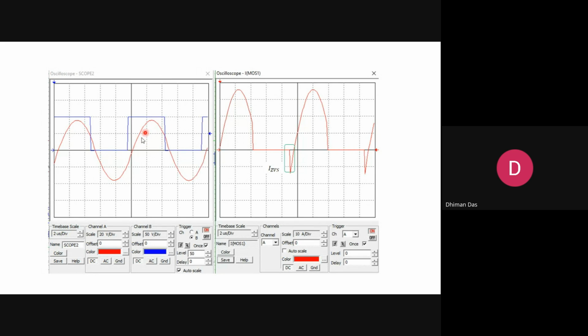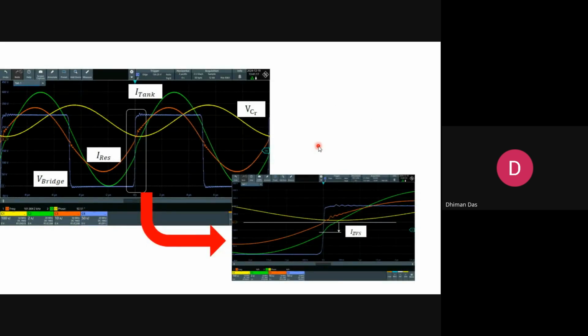And in one cycle of the tank, current is flowing to the switch. Now this is the actual practical waveform of the LLC converter. You can see this is the tank current, the green one, and this is the bridge voltage. You can observe that the bridge voltage is not abruptly going from low to high.